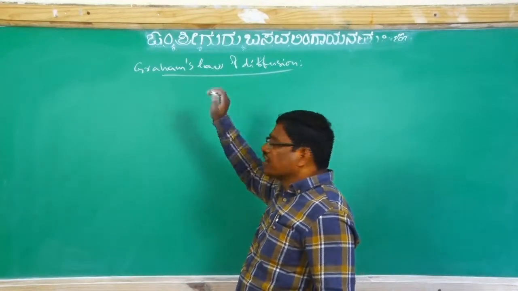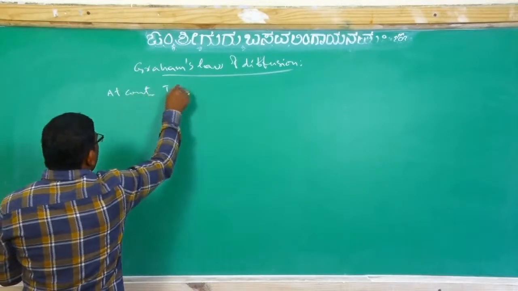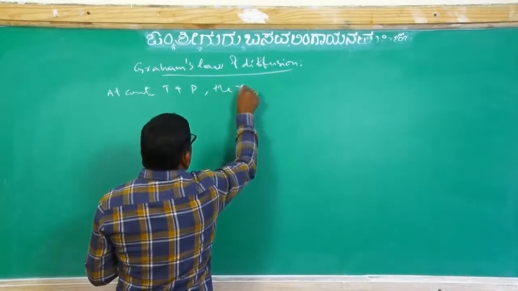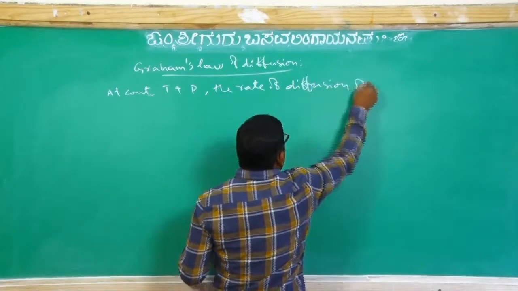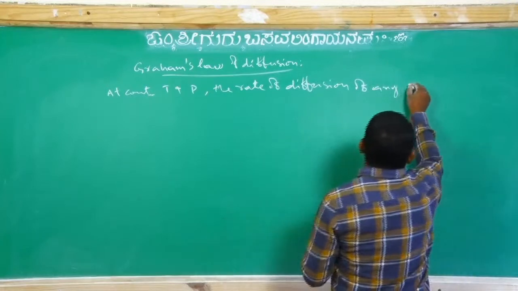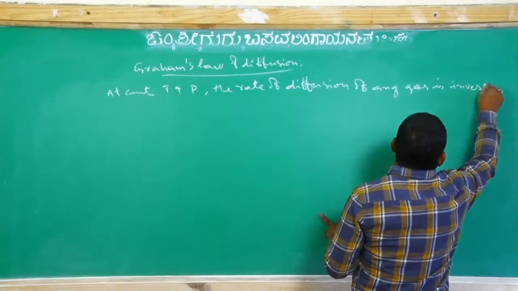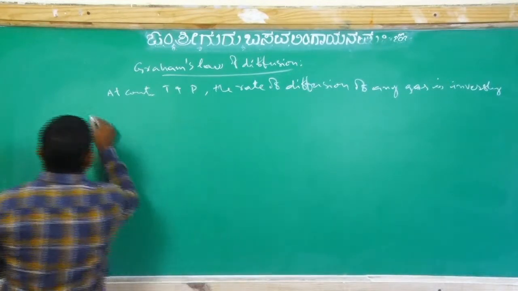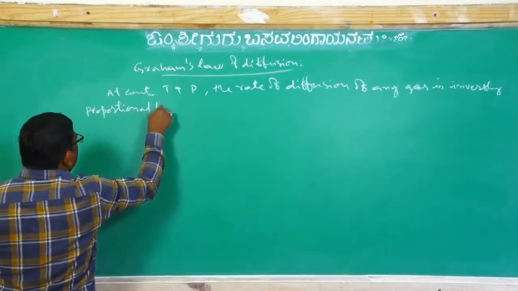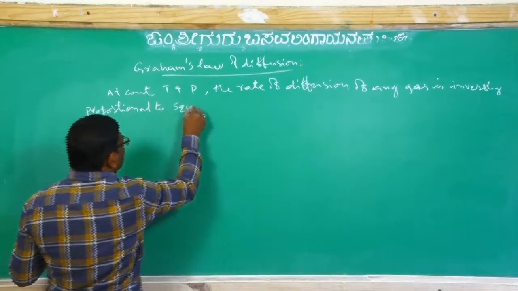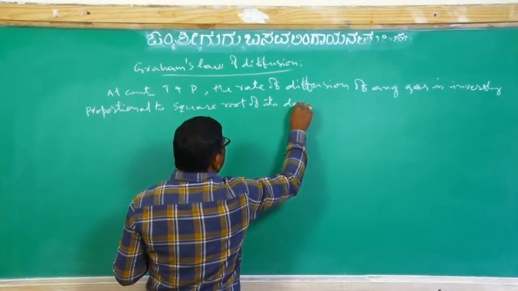Such rate of diffusion, according to Graham, at constant temperature and pressure, the rate of diffusion of any gas is inversely proportional to square root of its density.